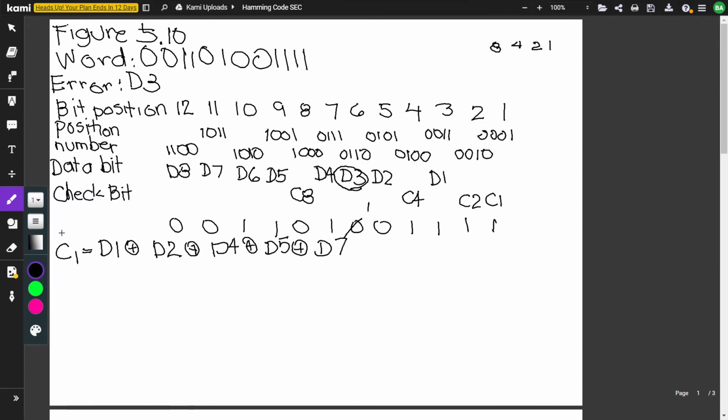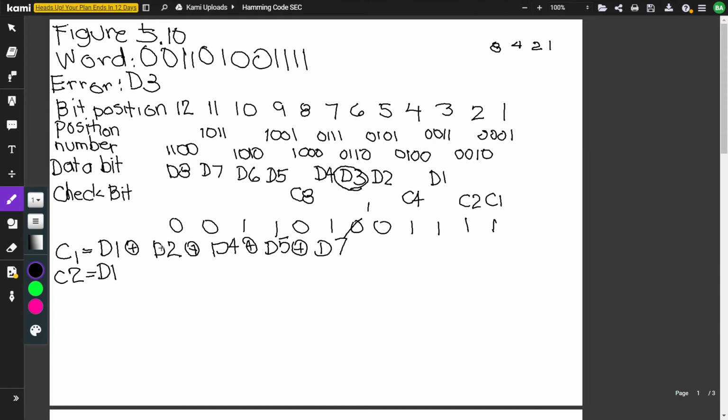And then next we have C2. As you can see here, for C2 it should contain a value 2. Which of these data bits are included? We have 3, so it's included in C2, so we have D1. Next, 4 is not included.